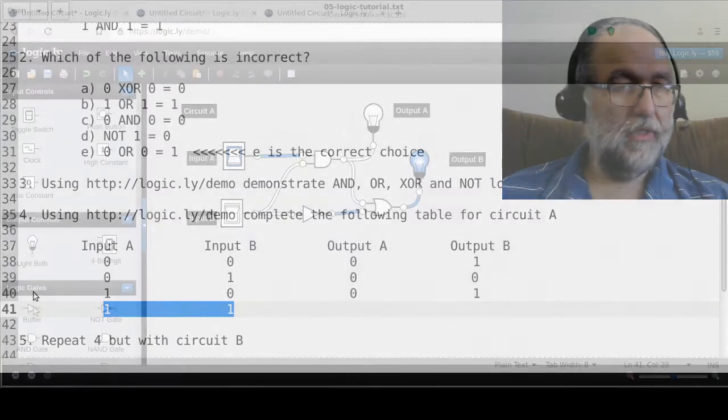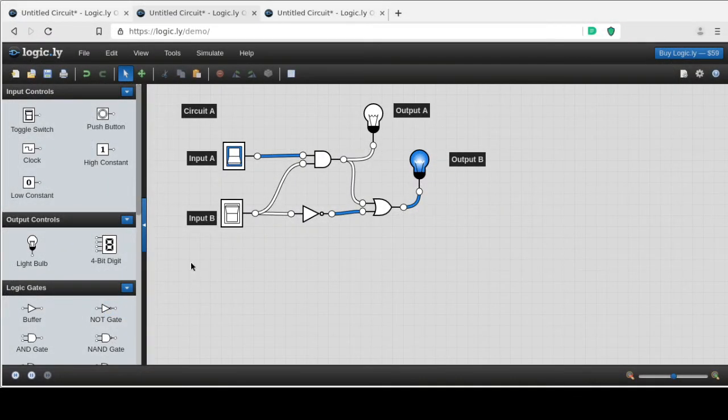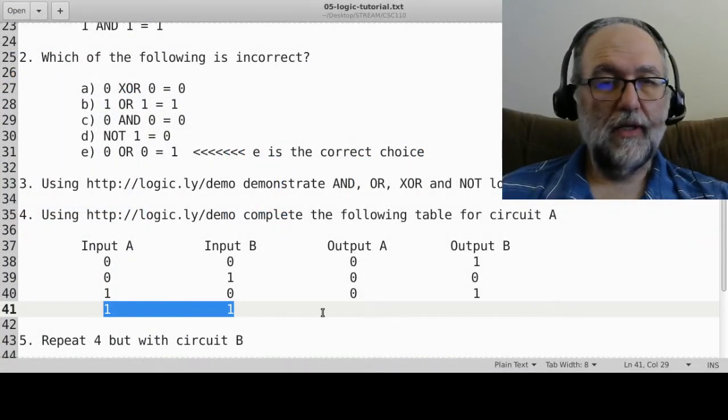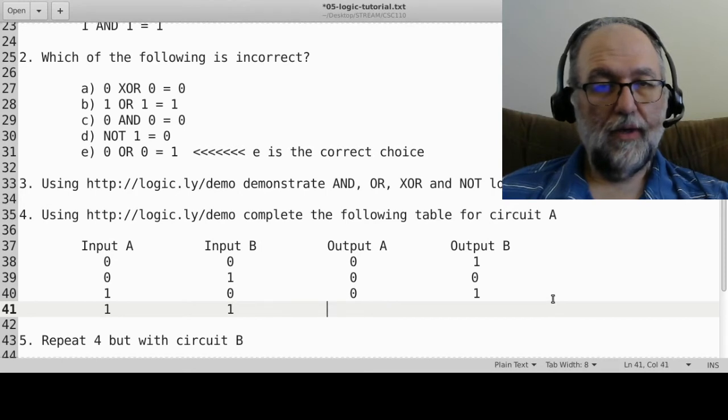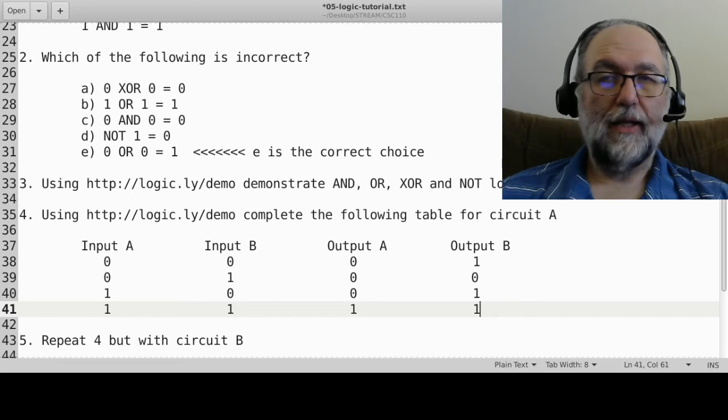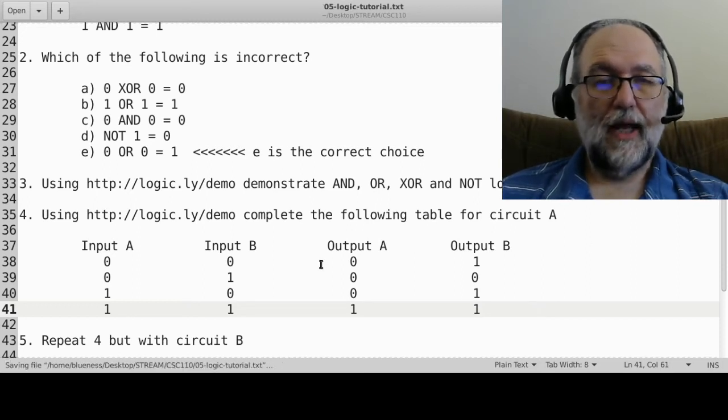So both switches have to be on. So switch here, and take a look there, and you can see now that input A is on, input B is on, and what are the light bulbs doing? They're both on. Okay, and so let's switch back here and we can say, all right, input A is on and input B is on, like that. And that completes the table.